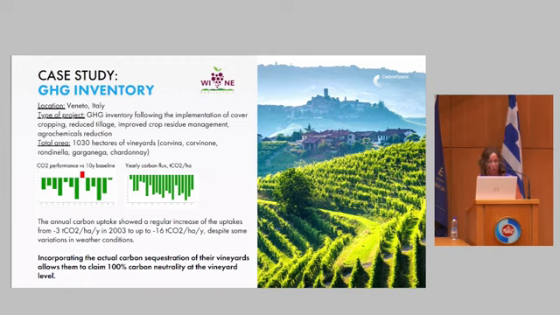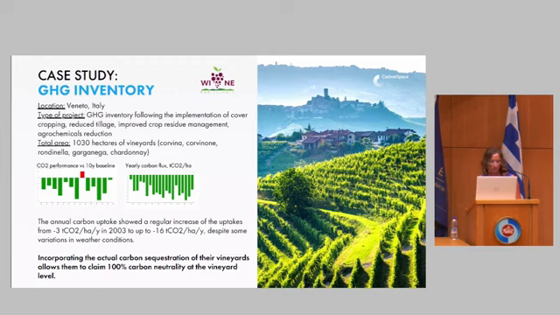You can see on the right chart exactly what I told before, that the carbon uptakes corresponding to this area have been gradually improving since the beginning of the changes.